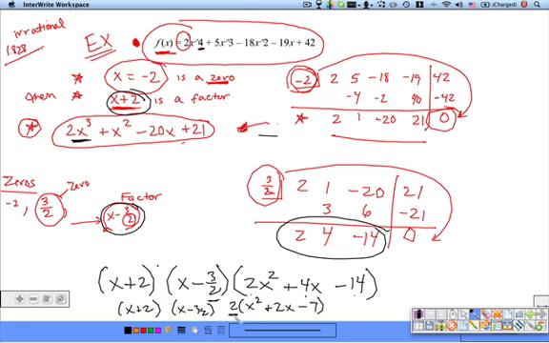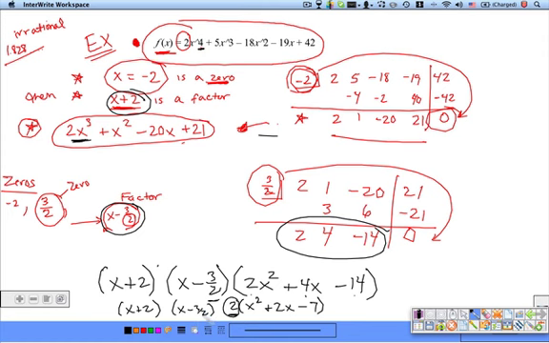Because it's times 2. So what I'm going to do here is take this 2 and multiply it to this thing right here. So 2 times this becomes 2x, and 2 times this becomes minus 3. Basically, when you get fractions, you take that denominator out front, and it's 2x minus 3.